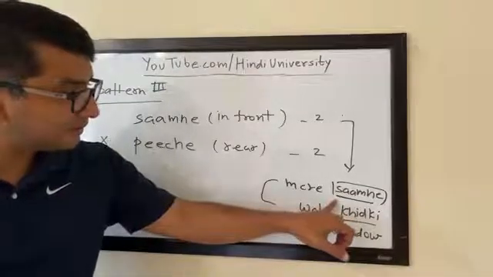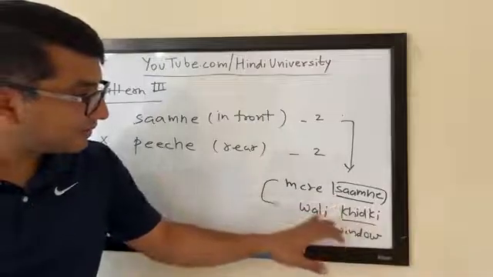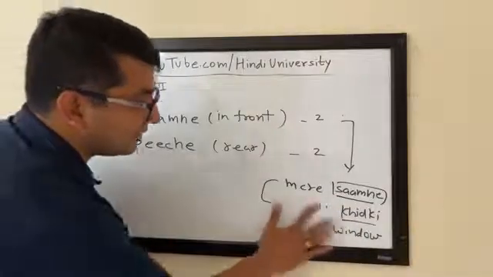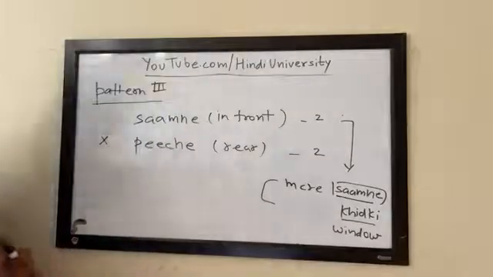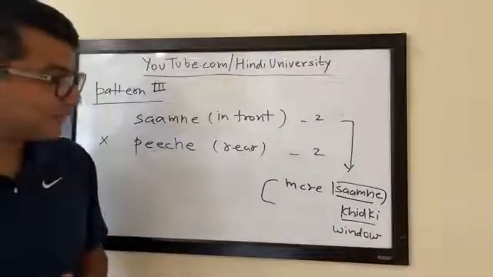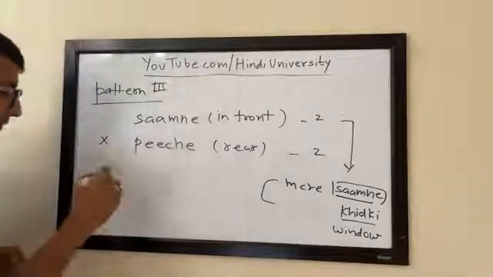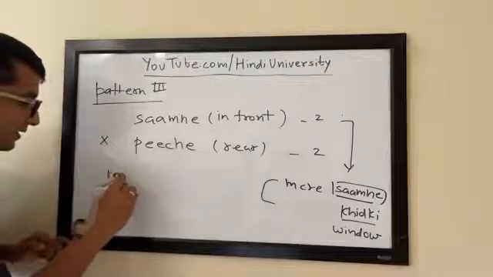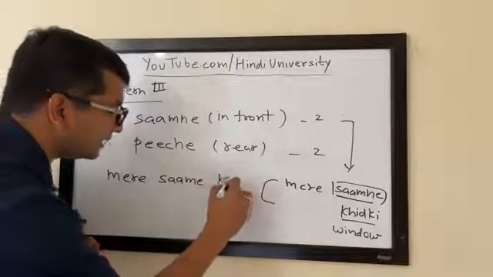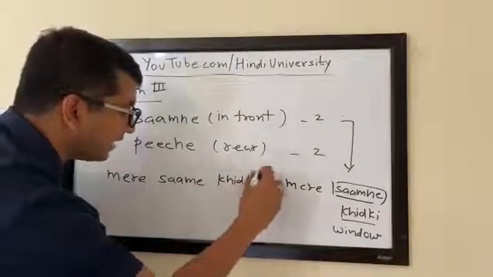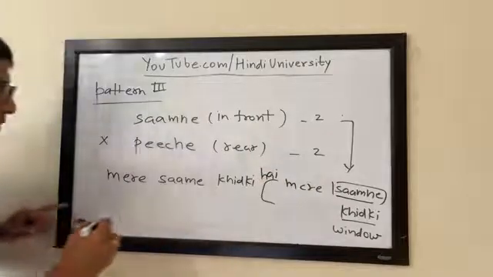If you just take the wali off, though, doesn't it get the same thing across? Mere samne khidki. What does that add? It's distinguishing between, if there are many things, you're pointing to a particular thing. I think that's how I understand. Is that right? So if I were to say, mere samne khidki hai, what does it mean?